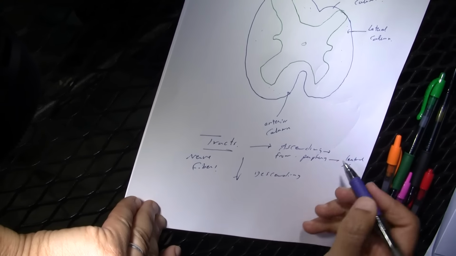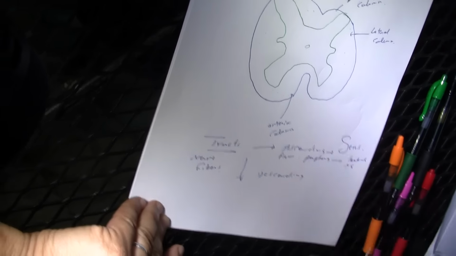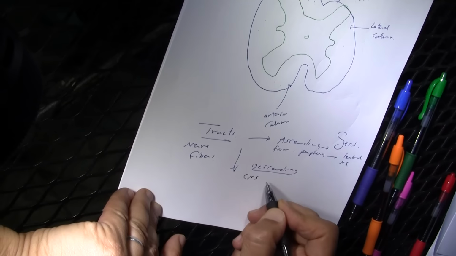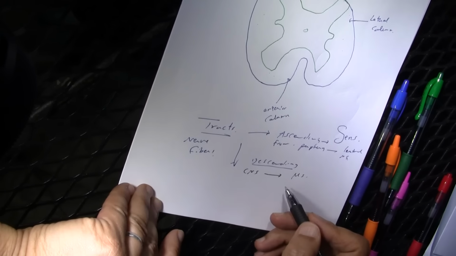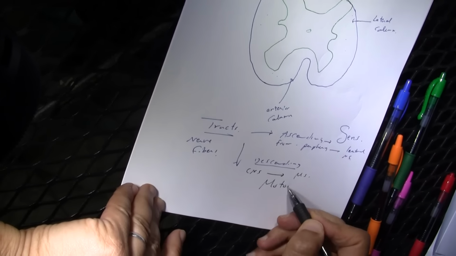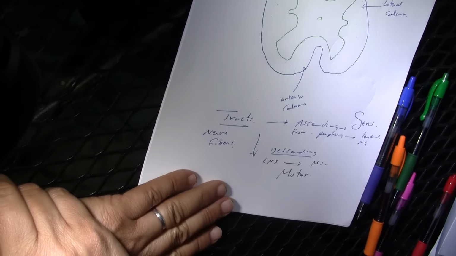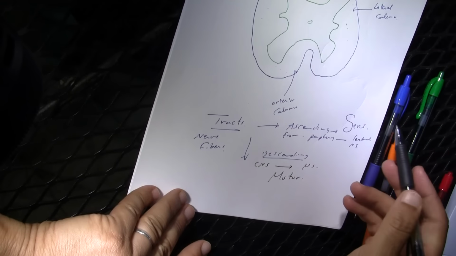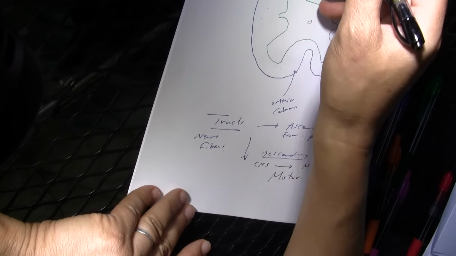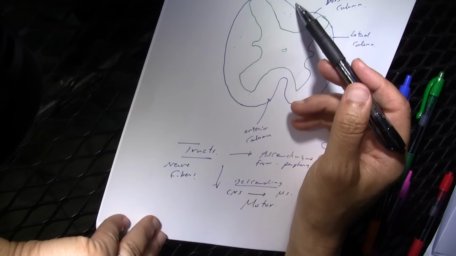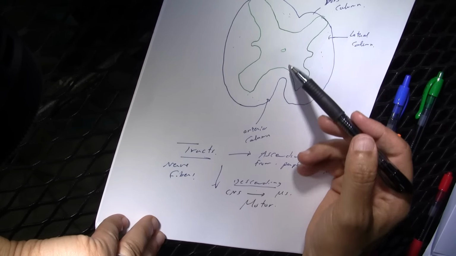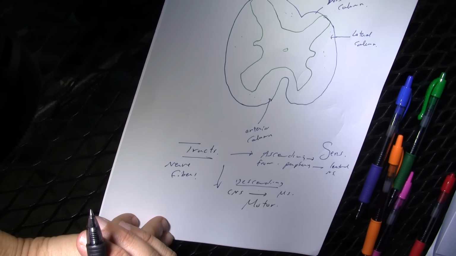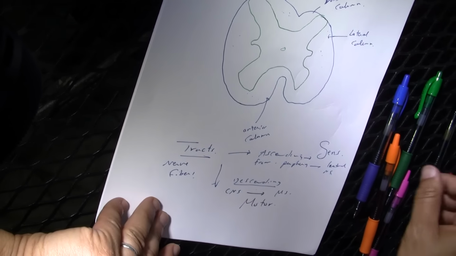What kind of information? Sensation. Descending tracts carry information from CNS to the muscle. What kind of information? Motor information. So those are the tracts you will see here, either coming from periphery and going up, or coming from the brain down to the muscles. These are ascending and descending tracts.